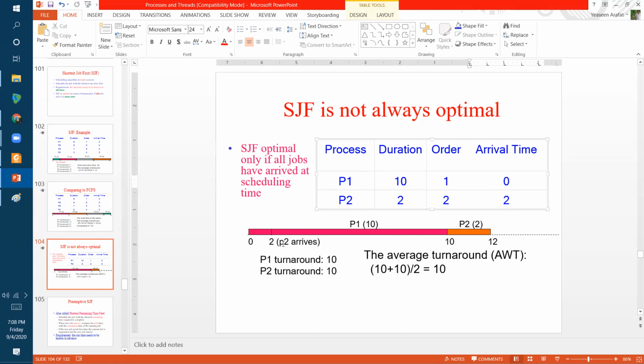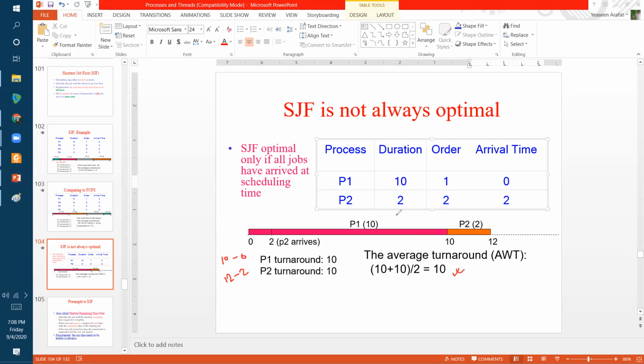So we see this is actually not good, because for P1 the turnaround time is 10, and for P2 the turnaround time is also 10, because 12 minus arrival time 2 equals 10. For P1, its end time is 10, arrival time is 0, so 10 minus 0 equals 10. So the average turnaround time is 10.